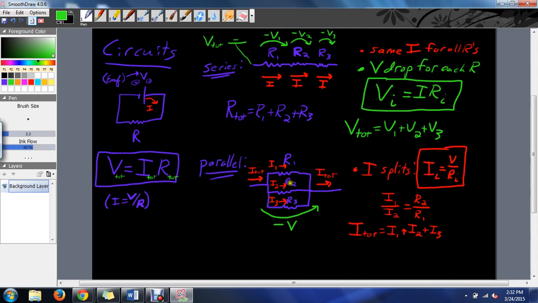That means R1, R2, and R3 would all share 10 volts of potential difference all at once. They would share it. You don't split it into 3 separate pieces and you don't count it 3 times. It's like they all have it simultaneously.